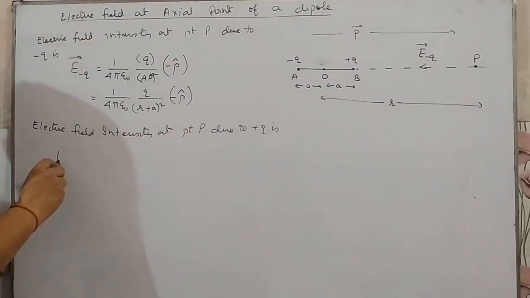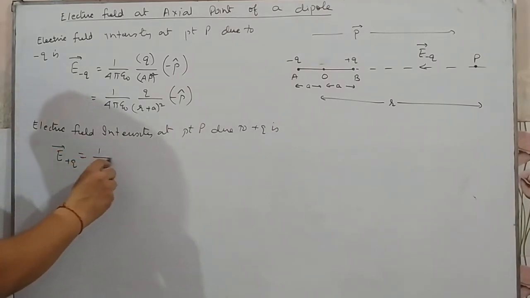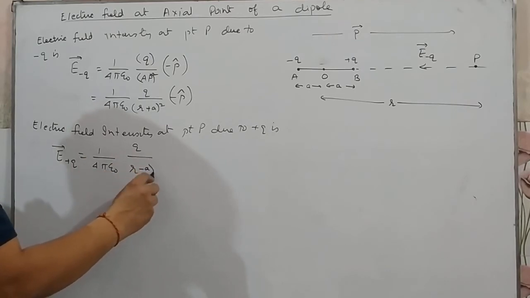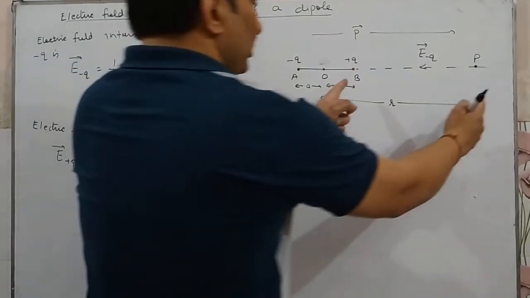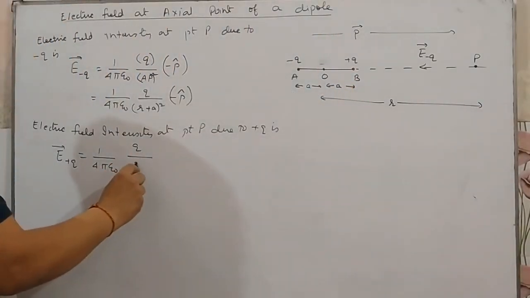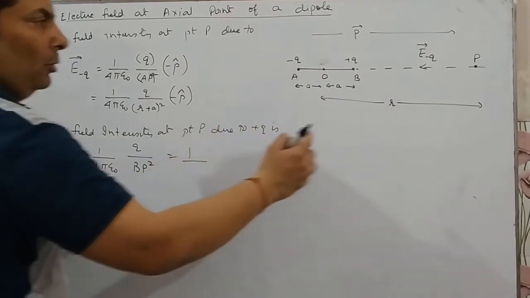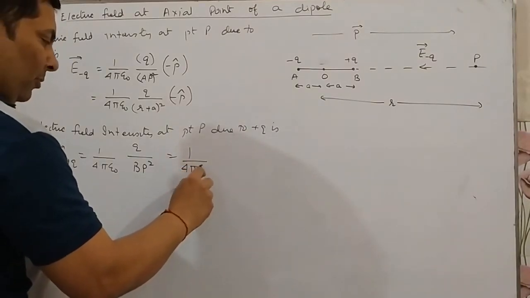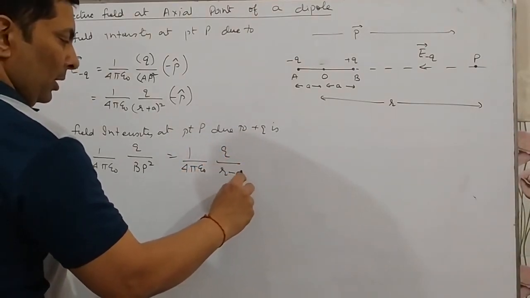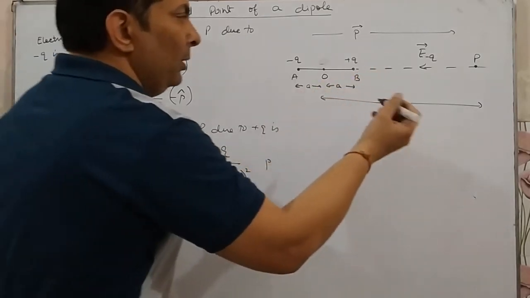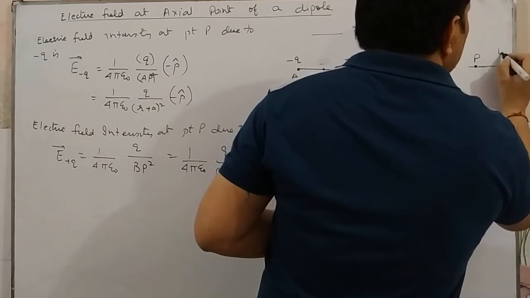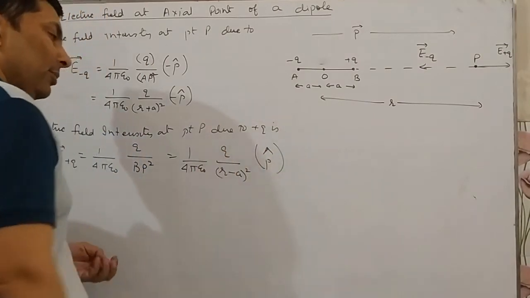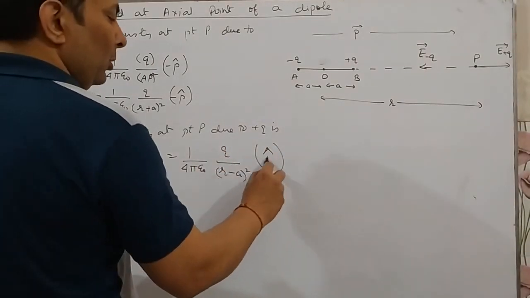E plus q equals 1 upon 4 pi epsilon naught, q upon (r minus a) square. Why do we take r minus a? Because we are interested in BP square, and BP is equal to OP minus OB, that is r minus a. So the result is 1 upon 4 pi epsilon naught, q upon (r minus a) square. The direction will be along the dipole moment, the same direction as that of the electric dipole moment.